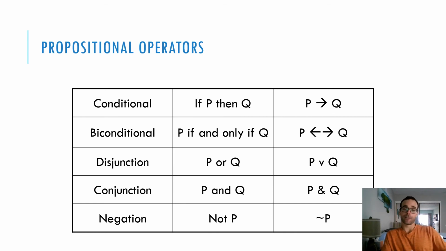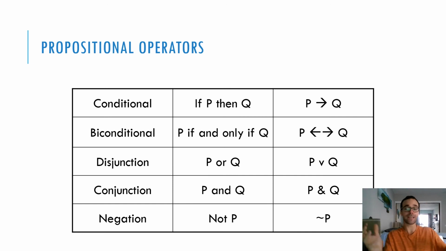For right now, however, it's simply important to memorize these 5 symbols and the way in which we use them. So we use them with conditional statements, biconditional statements, disjunction statements, conjunction statements, and negation statements. Most of our propositional logic, most of the propositions and assertions that we make, most of our arguments are going to be using propositions that can be conjoined using these 5 symbols.